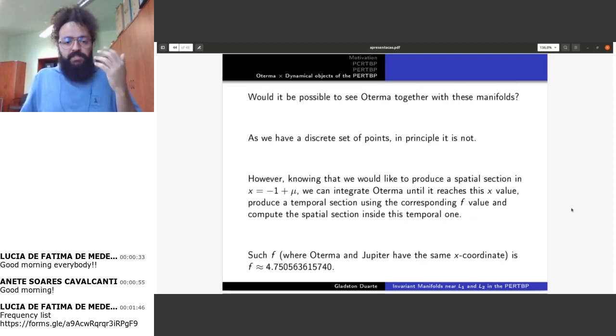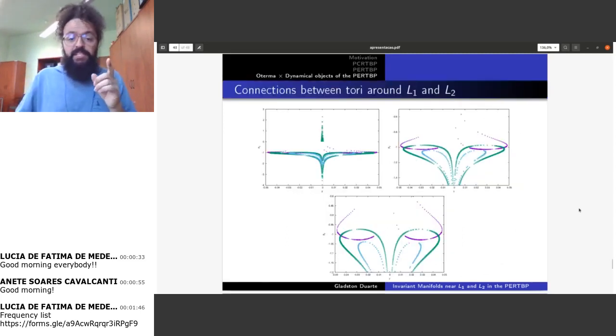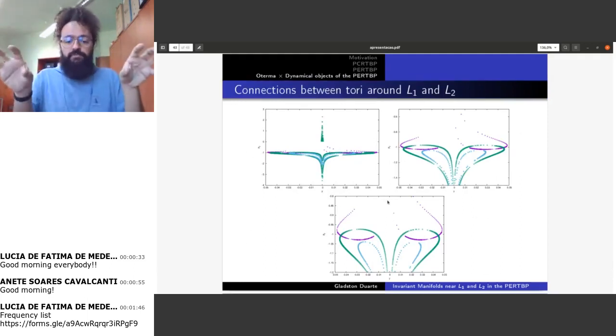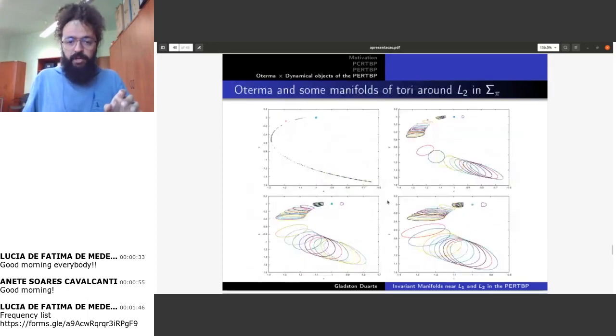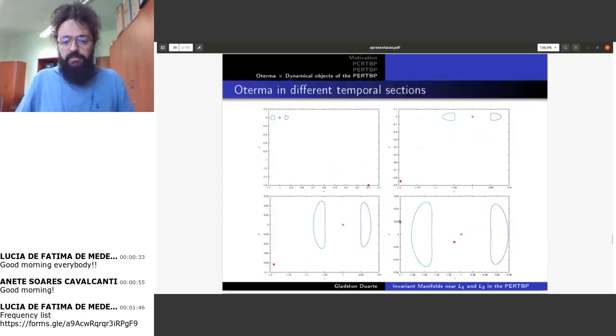Where can we cut some dimensions? Where can you start to compute these things? Well, these sections here were computed using the x of Jupiter, because it's halfway between the tori around L1 and L2. Recall here, tori around L2, tori around L1.